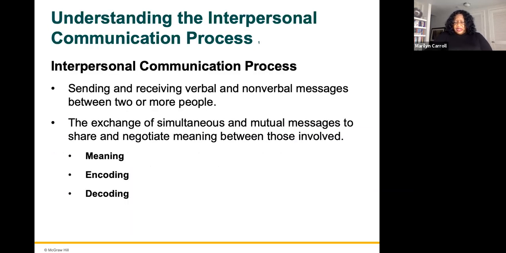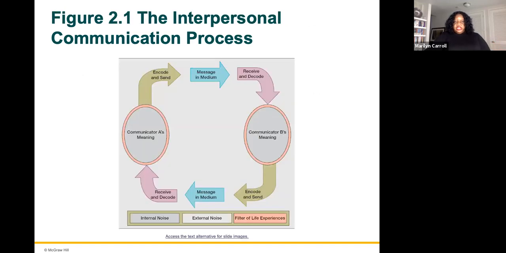Interpersonal communication process is sending and receiving verbal and nonverbal messages between two or more people, the exchange of simultaneous and mutual messages to share and negotiate meaning between those involved. Meaning, encoding, and decoding. We're encoding and then we're decoding our communication.